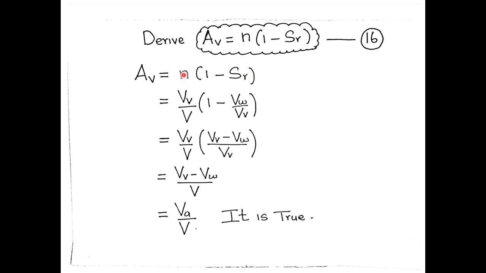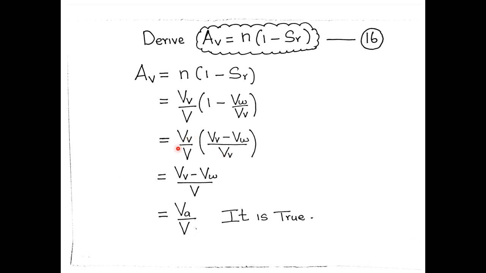Then apply the definition of n, volume of voids over total volume, times 1 minus the definition of SR, volume of water over volume of voids. Take common volume of voids: volume of voids minus volume of water over volume of voids.